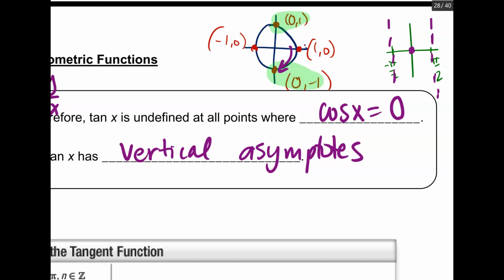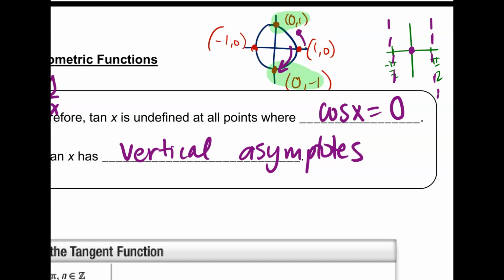What happens to tangent as I go around my unit circle? Tangent is 0 here. What about 45 degrees? At 45 degrees, sine and cosine are the same number, so sine over cosine is the same number over the same number. It's 1. So we go from 0 to 1.